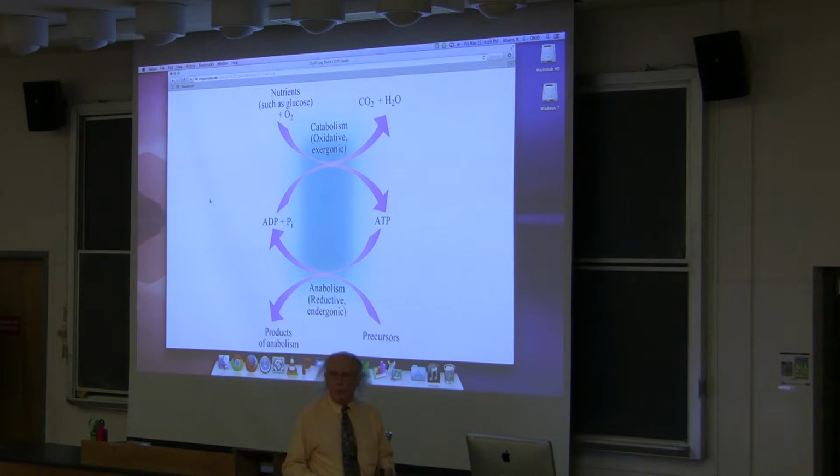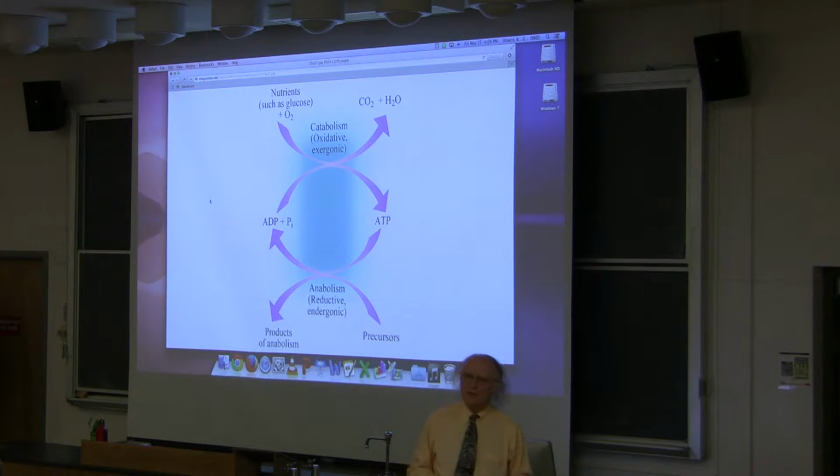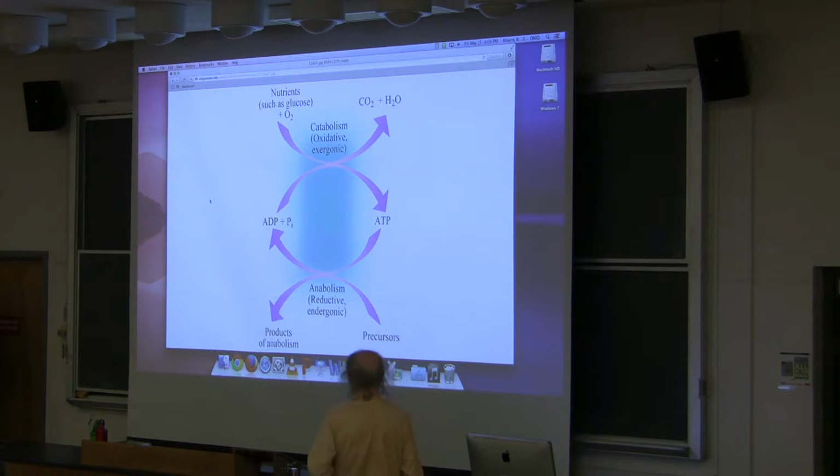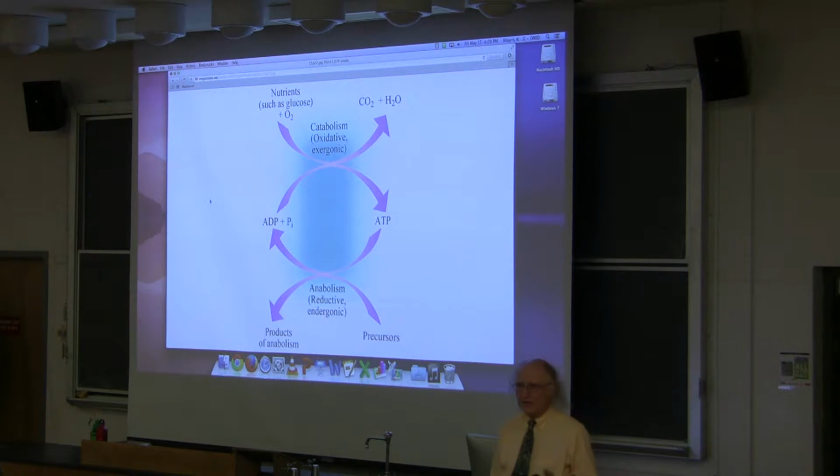We've only seen one exception to the energy of ATP so far, and that was the use of GTP in the process of translation. So that means we need to have sources of ATP, and so what you see on the screen is how that ATP is generated. Here are large molecules that are broken into smaller molecules. This is catabolism going on from left to right, starting on the top.